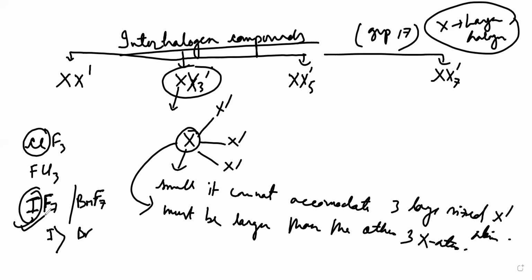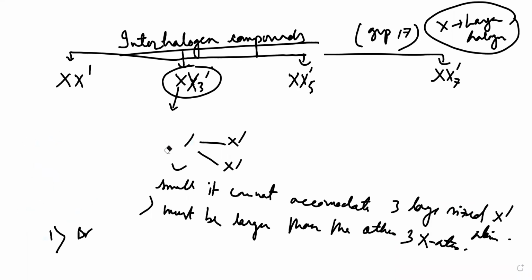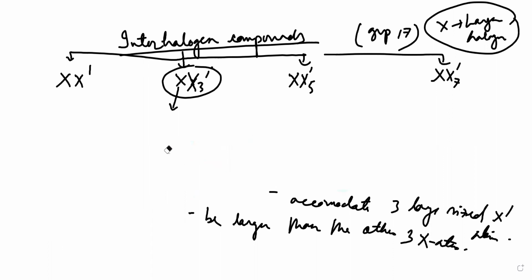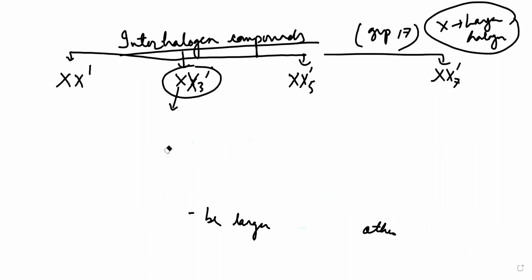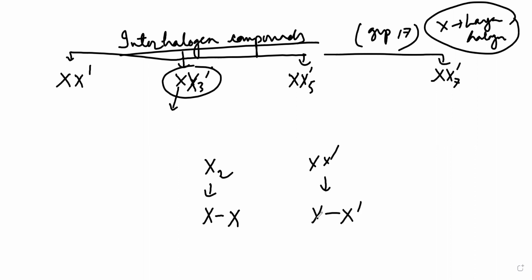And then, the interhalogen compounds are more reactive than the pure halogens. Now why? When we say halogen it is X2, and interhalogen has two different halogens, XX'. The bond between X and X' is weaker than the bond between X and X, since similar atoms form a stronger covalent bond.